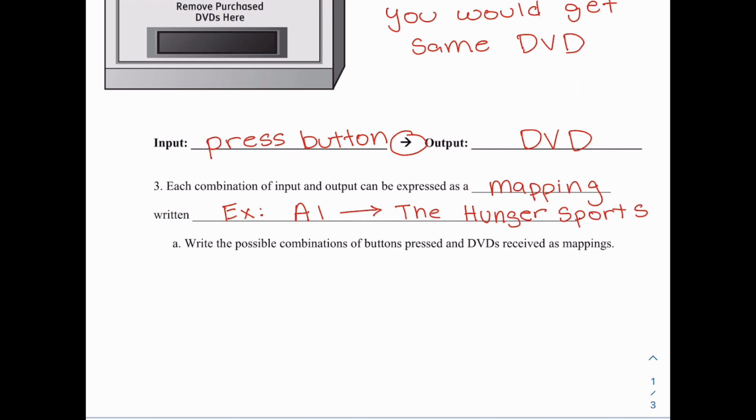What I would like you to do is pause the video and try to represent each input and output pair with a mapping. So we just did A1 together. Try doing A2 and its corresponding output, and then A3 and its corresponding output, and so on until you represent all the buttons on the vending machine. So pause the video and give that a try.